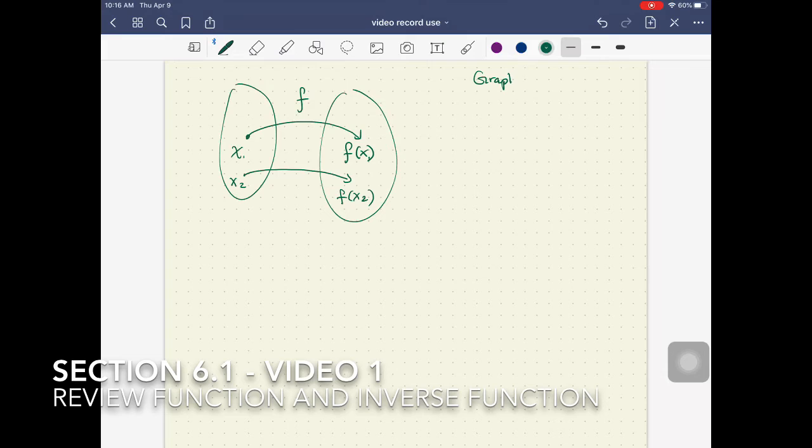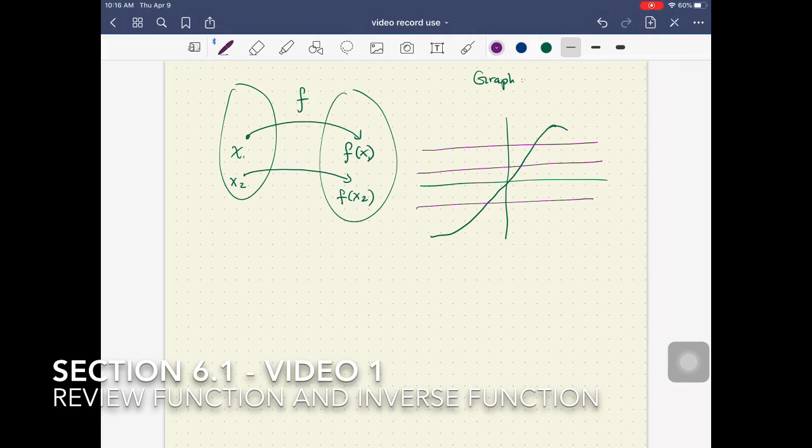Graphically speaking, for the graph of the function, it not only needs to pass the vertical line test to be a function, it also needs to pass the horizontal line test in order to be a one-to-one function.